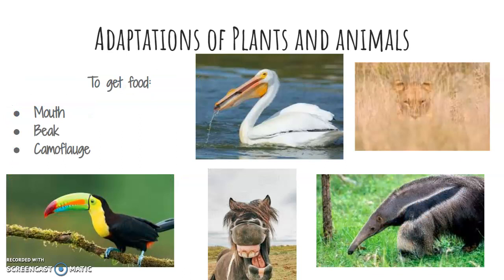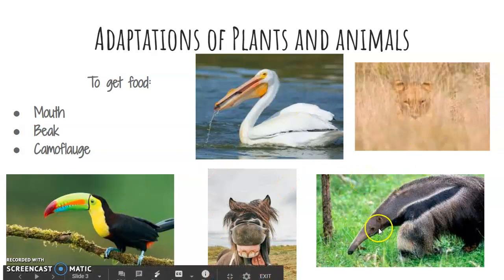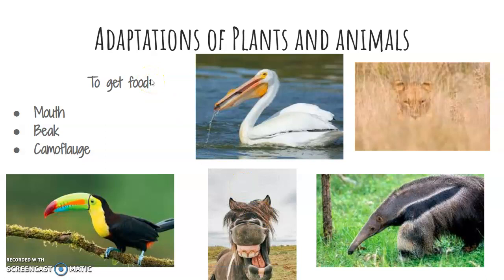So if we look at adaptations of plants and animals a little bit more, there are different adaptations that have a certain purpose. So one of those would be to get food. And you can see by the pictures on this slide that all of these animals have different types of mouths. We have a couple of birds here that have different types of beaks in order to get food.